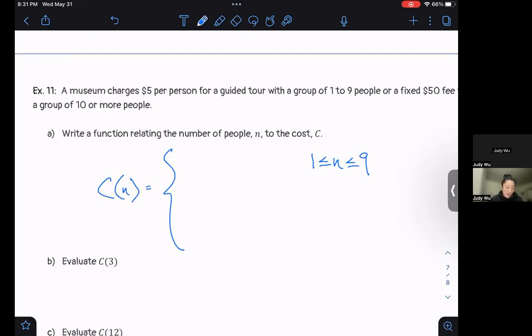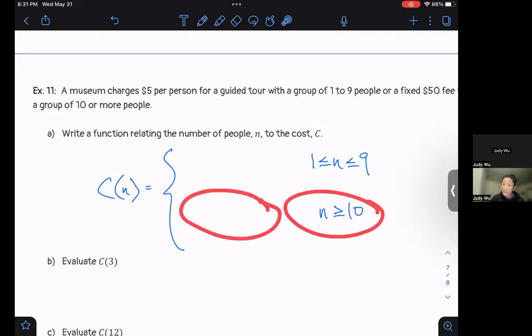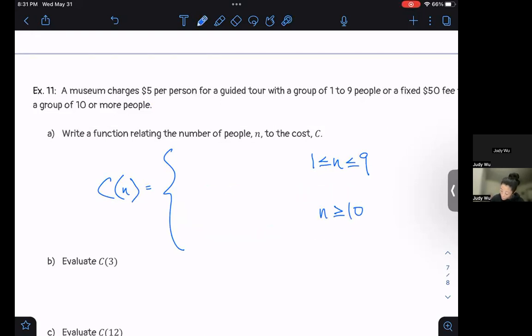And if I have 10 or more, so how do we write 10 or more with notation? We say n is greater than or equal to 10, okay? So if you have 10 or more, it only costs you $50. It doesn't matter if you have 20 people, 30 people, 100 people, it still only costs $50, okay? So for n greater than or equal to 10, we can actually say that the function is just $50, the cost, that's it.